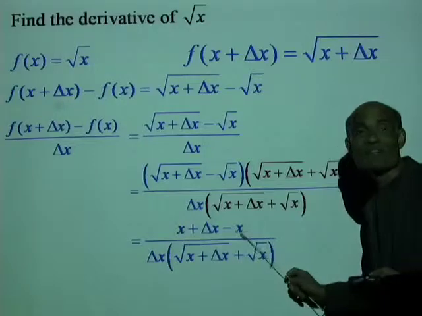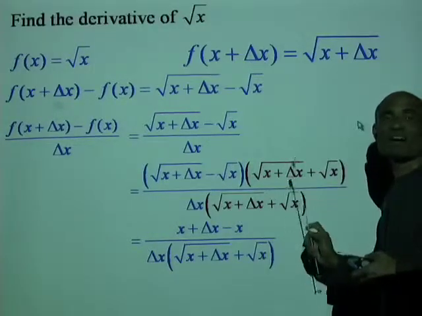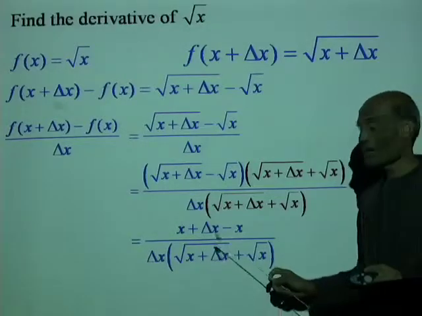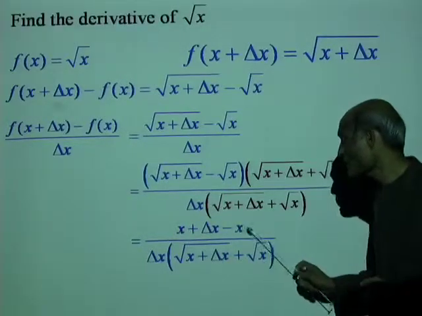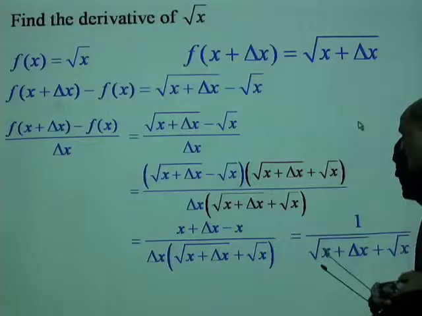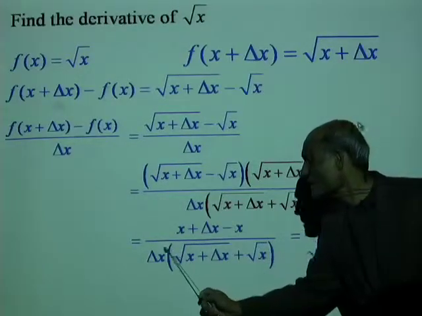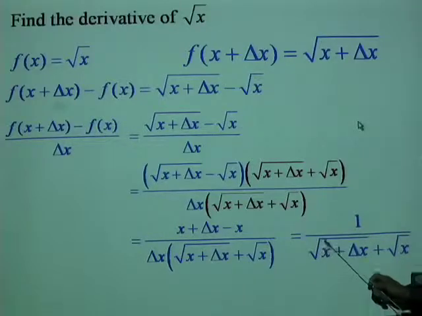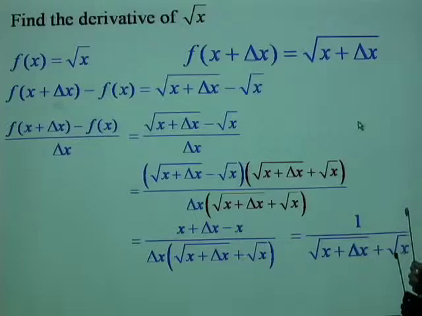Now look at the way the numerator simplified dramatically there. The denominator remained the same. And on the numerator, x and negative x cancel, and delta x will cancel, and the result is 1 over square root x plus delta x plus square root of x.